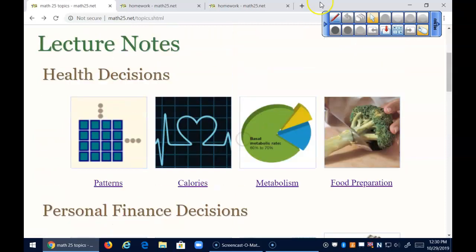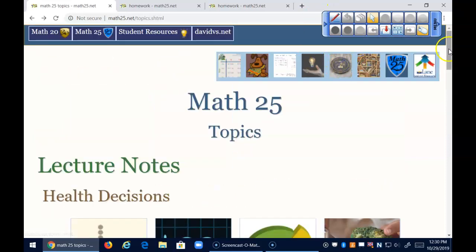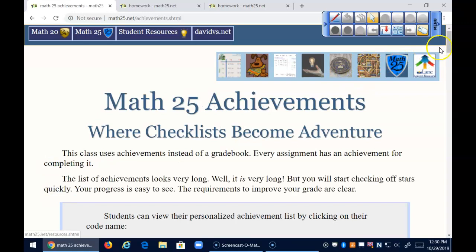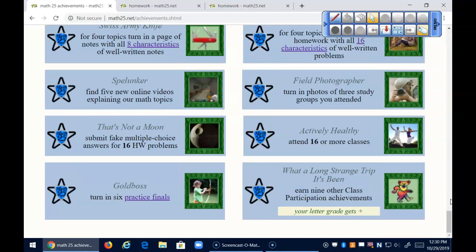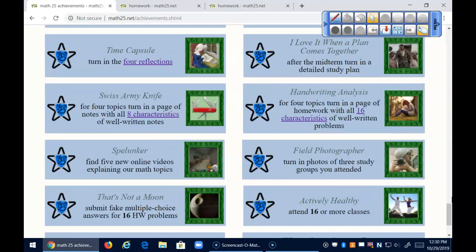Again, the only way that the midterm matters for your grade is there is an achievement at the bottom of, where is it? After the midterm, turn in a detailed study plan. So, I learned I'm good at this and this and this. I need to fix up my notes on this and this topic, and I really need to study more of this one, and so on.